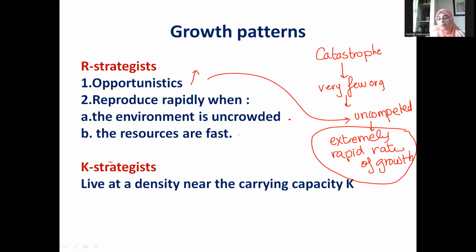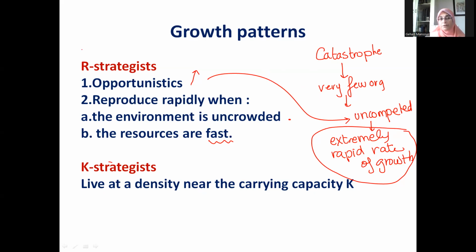But sometimes when an organism is introduced in a new community where there are no competitors, there would be resources if there hasn't been a catastrophe or a risky event that occurred before their introduction. On the other hand, the K strategists are more or less constant in their rate of growth, and they live at a density that is near their carrying capacity.